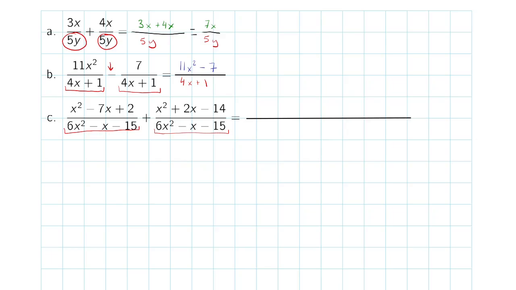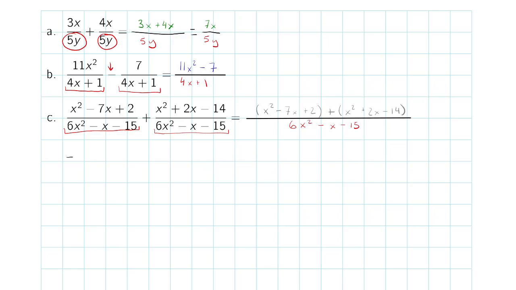So our denominator stays the same, 6x squared minus x minus 15. And we will add the numerators. So x squared minus 7x plus 2 plus x squared plus 2x minus 14.